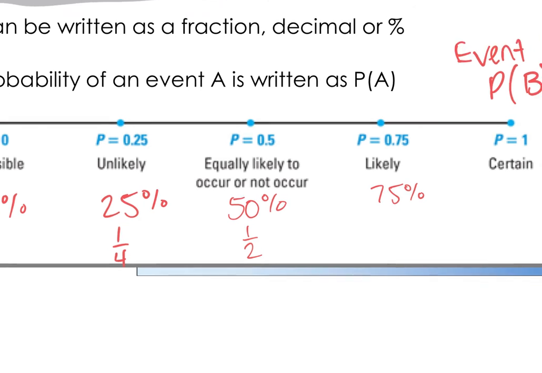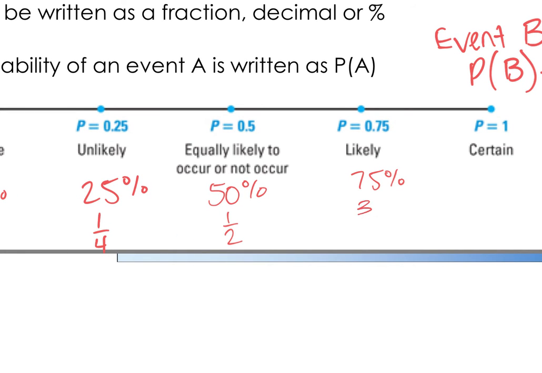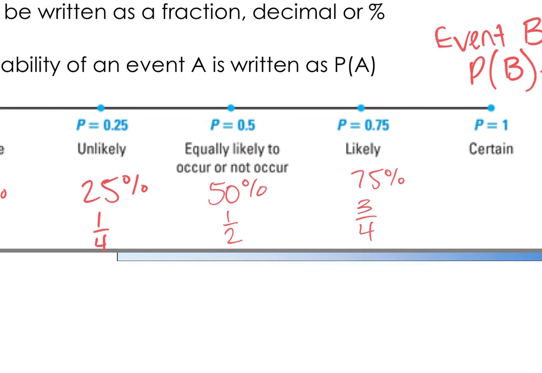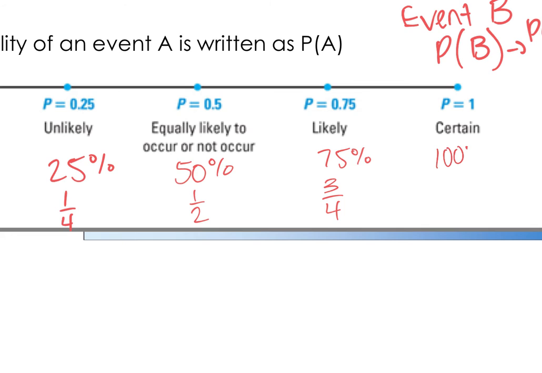What's a fraction that's equivalent to 75%? 3/4. And then if our probability is 1, is it guaranteed that's going to happen? Yes. There's 100% certainty that it'll happen. And any fraction that's 100%, I don't know, 4/4, which simplifies to 1, okay? Any fraction that's certain to happen will simplify to 1. Okay, questions on this slide? Okay.